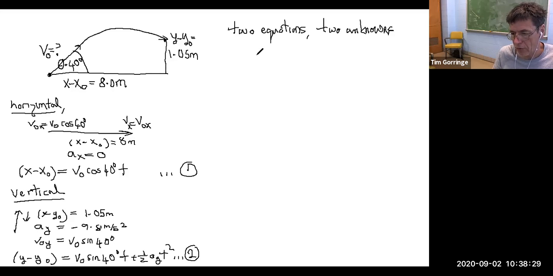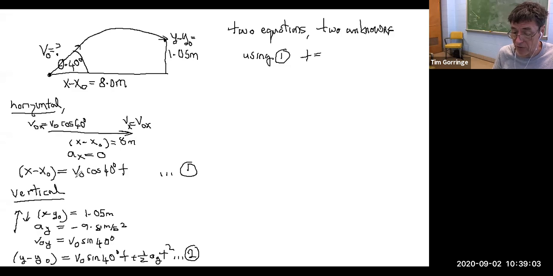Okay, so to solve these two equations for the unknown velocity v naught, the procedure I use, and I'm sure it's not the only procedure, is that I used this first equation. So using equation number 1, I wrote an equation for t by rearranging equation number 1.